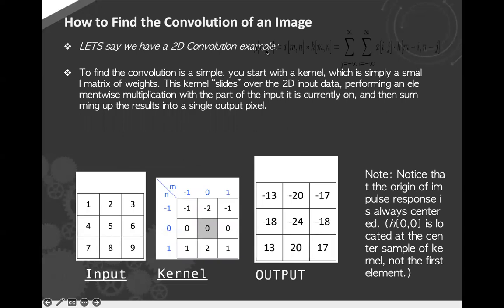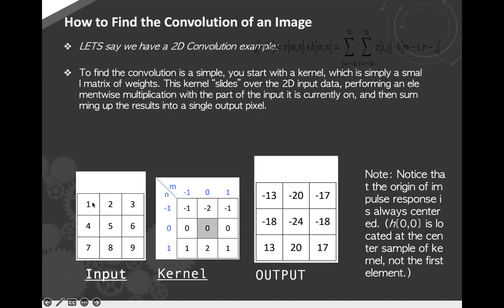So let's say we have a 2D convolution. Here's our example. To find the convolution, it's quite simple. You start with a kernel, which is simply a small matrix of weights. This kernel slides over the 2D input data, performing an element-wise multiplication with the part of the input it is currently on, and then summing up the results into a single pixel. So here's an example.